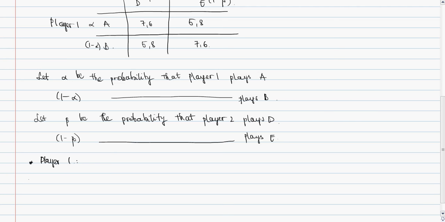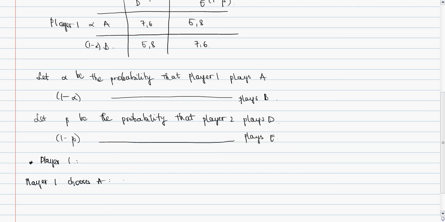Okay, so for player 1, if player 1 is choosing A, okay, so if player 1 plays A, what will player 1 get?